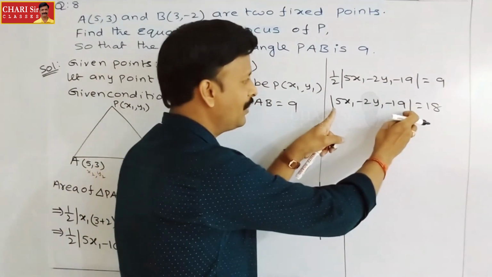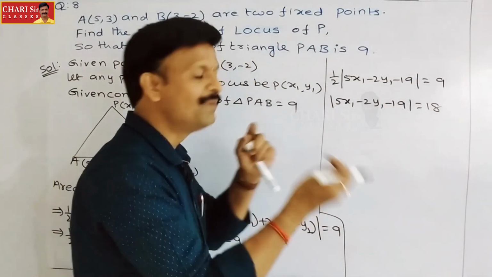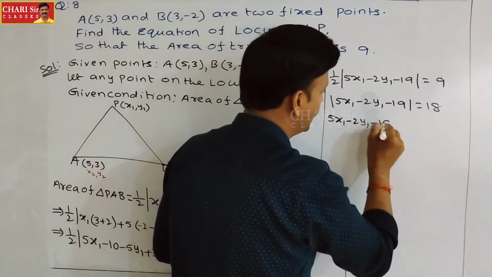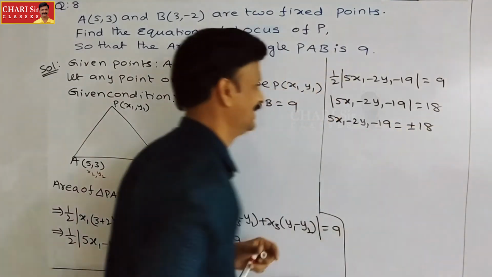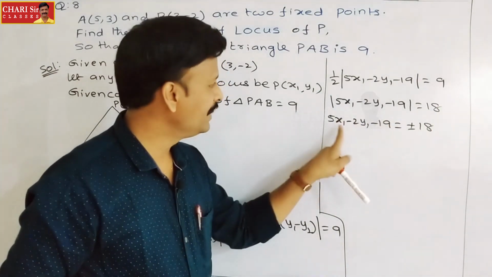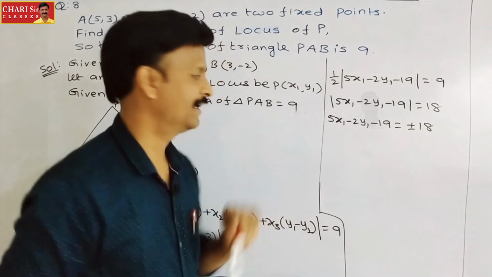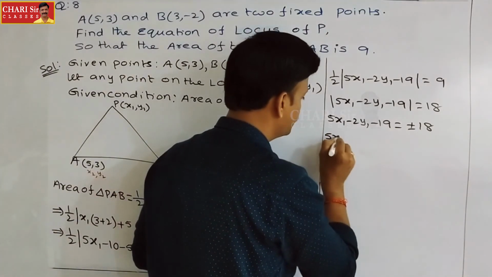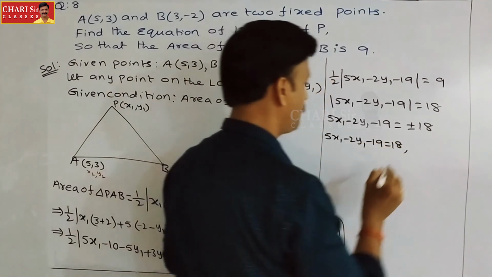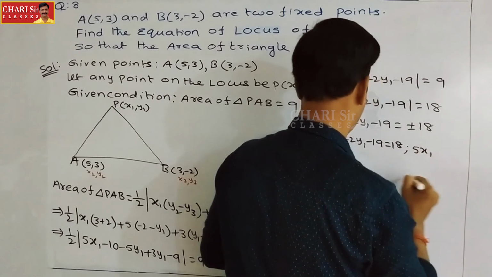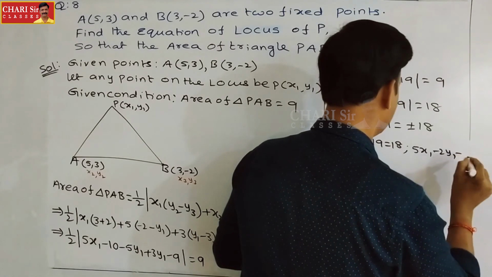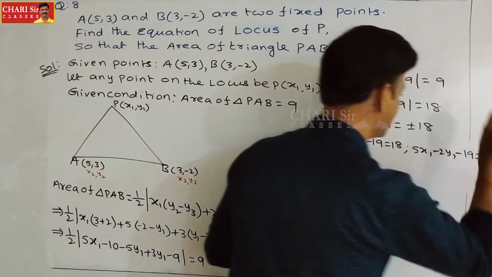Now we try to remove this modulus. When you remove the modulus, what happens? 5x1 minus 2y1 minus 19 equals plus or minus 18. Positive 18 is there and negative 18 is there. Let's write down both of them. 5x1 minus 2y1 minus 19 equal to 18, and 5x1 minus 2y1 minus 19 is equal to minus 18.